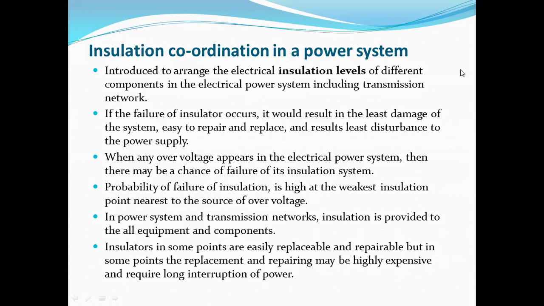For example, in the distribution system we can easily replace or repair that insulation. But in transmission systems, it is difficult to repair and replace, and it is also highly expensive and requires a long interruption of power.